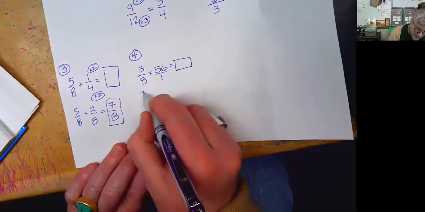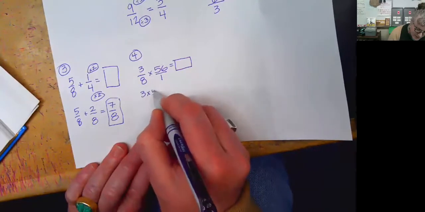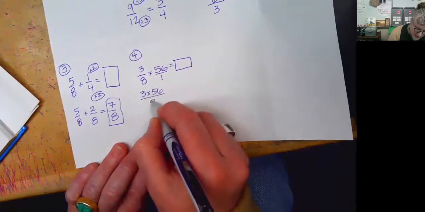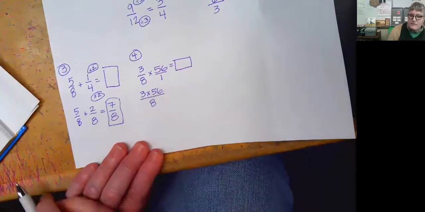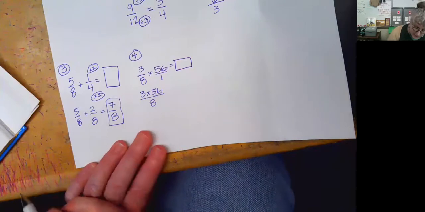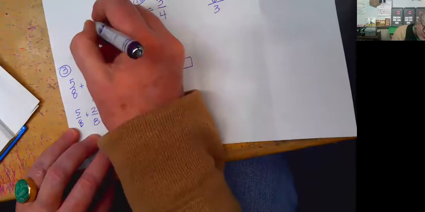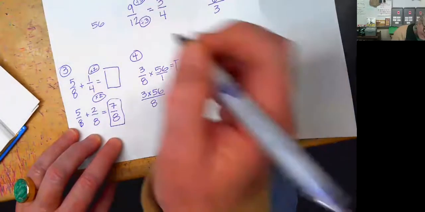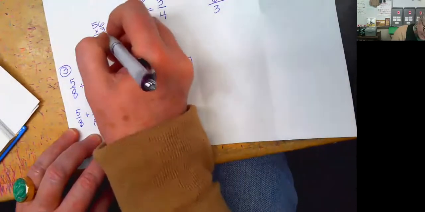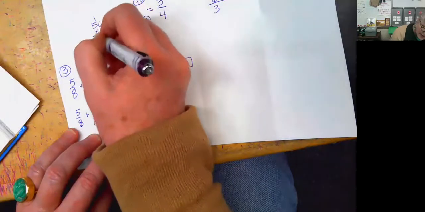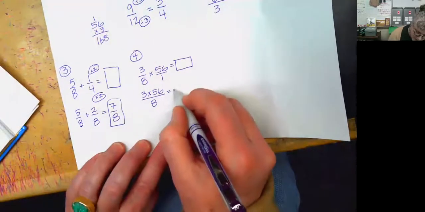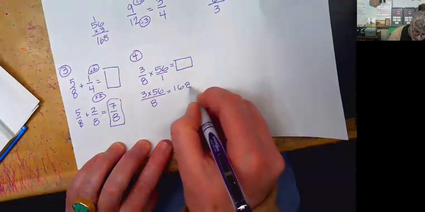So this is the same as 3 times 56 over 8, because 8 times 1 is 8. Now, I don't know what 56 times 3 is, so I'm going to come up here and multiply it. I get 168 eighths.